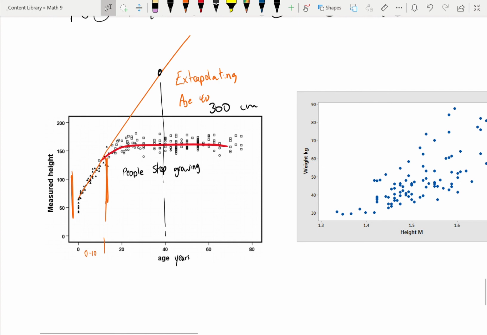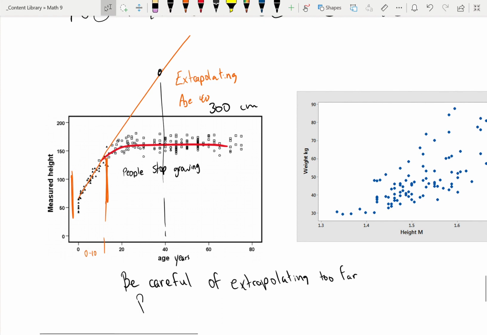They're going to be 3 meters tall, and by the time they're 80, they're going to be 5 meters tall. And that's not reasonable. So one of the things to be careful of is be careful of extrapolating too far.